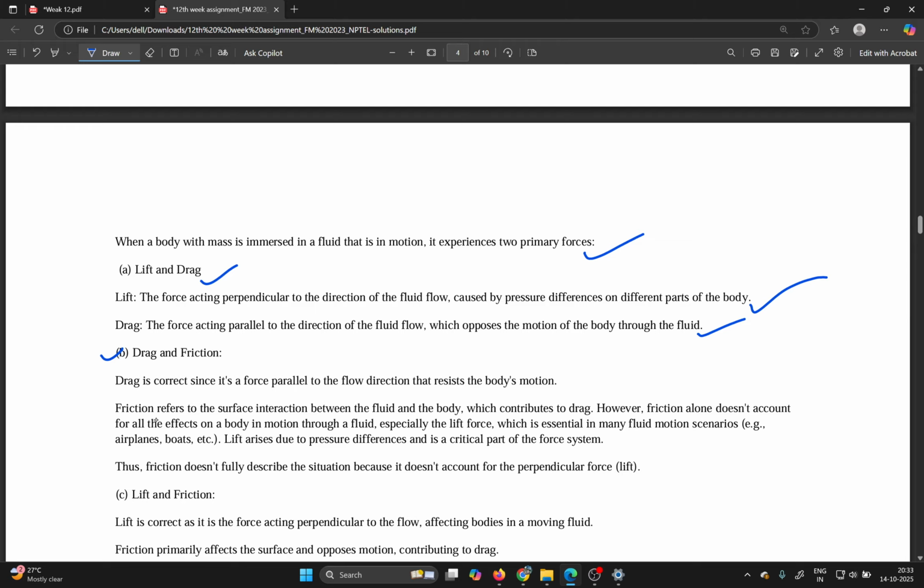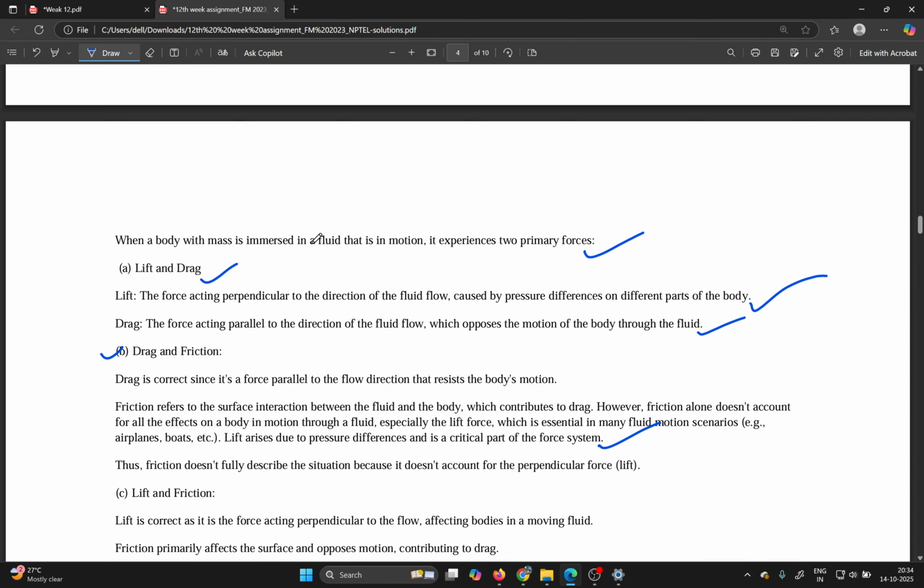Friction refers to the surface interaction between the fluid and the body, which contributes to the drag. However, friction alone does not account for all effects on a body in motion through the fluid, especially the lift force, which is essential in many fluid motion scenarios, for example airplanes, boats, etc. Lift arises due to the pressure difference and is a critical part of the force system.